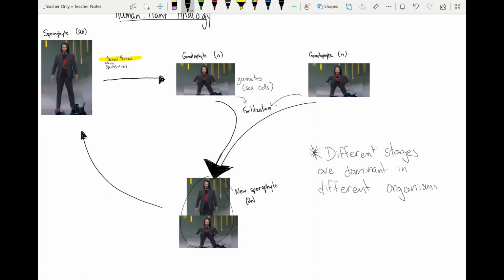So one of the things I'll be talking about as I go through the different classes of plants is, depending on which ones we talk about, the gametophyte stage might be the one that the plant spends most of its lifespan in, and in others it might actually be the sporophyte that's dominant. So you'll see I'll say gametophyte dominant or sporophyte dominant, and as we progressively get into more complex organisms, the sporophyte becomes a much more dominant stage in the life cycle of plants.